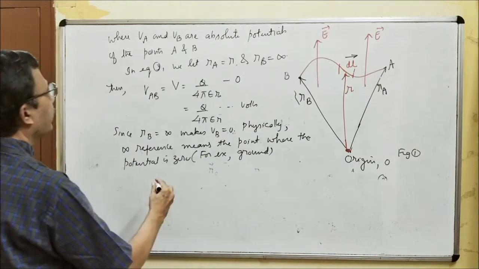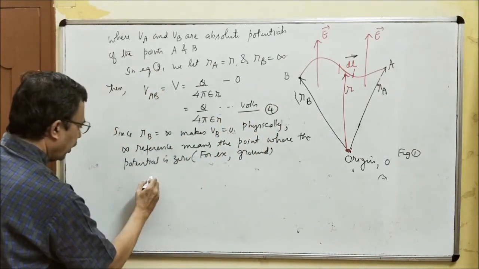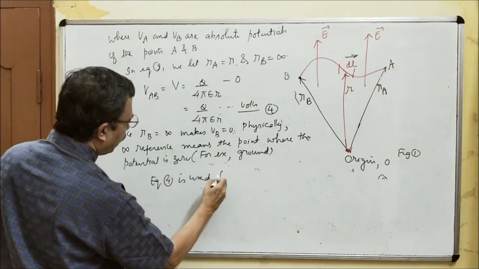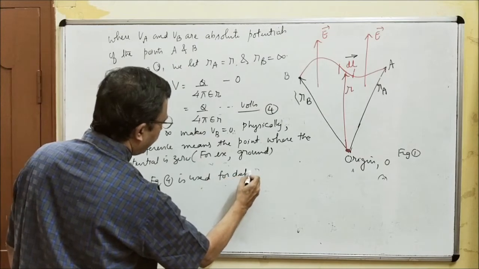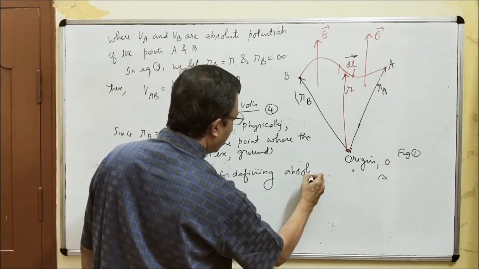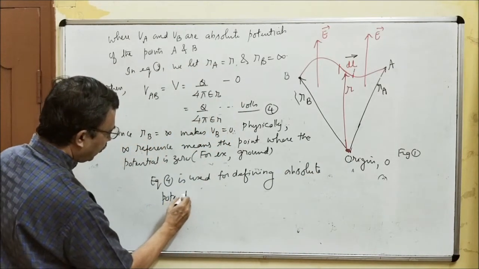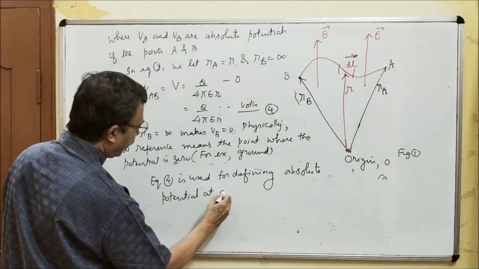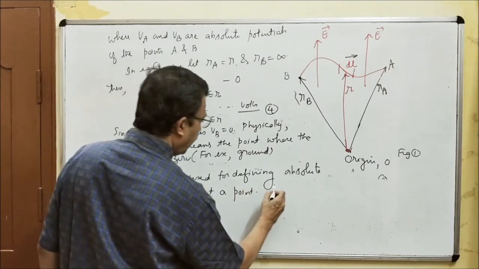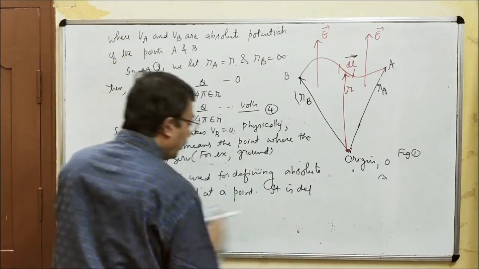Equation 4 is used for defining absolute potential at a point. I'll give the definition.